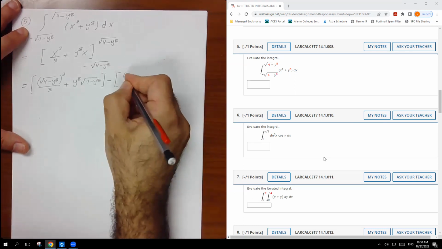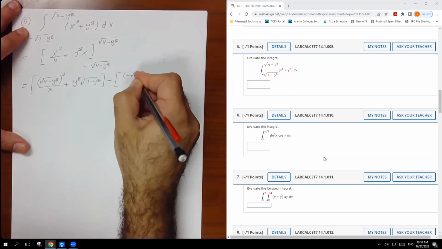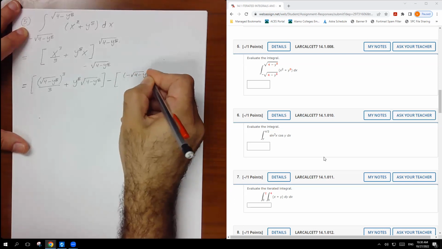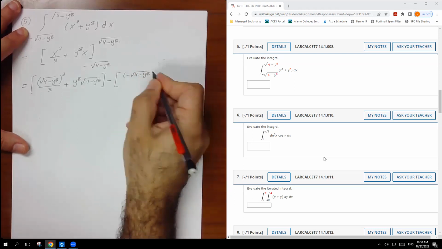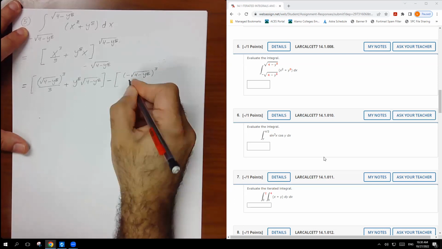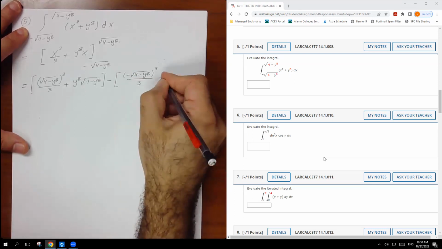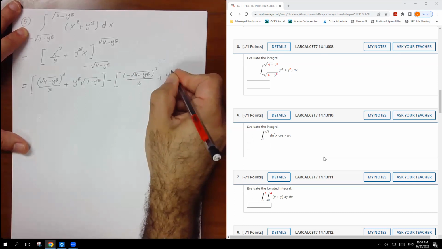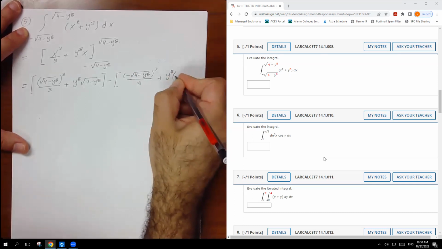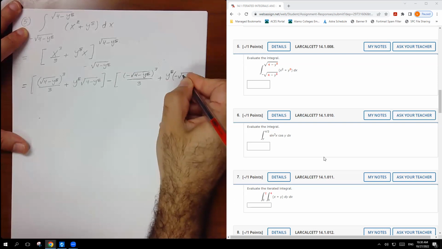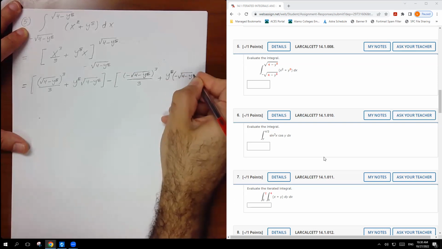So it's negative square root of 4 minus y to the power 8, cubed, over 3, and plus y to the power 8, because here is negative, so I'm going to put the parentheses, 4 minus y to the power 8.